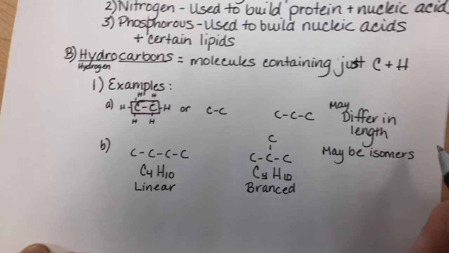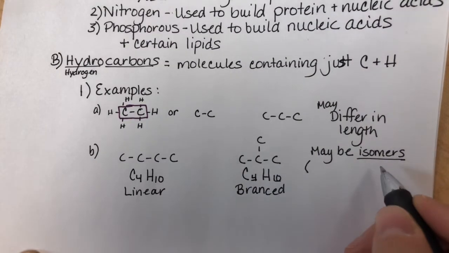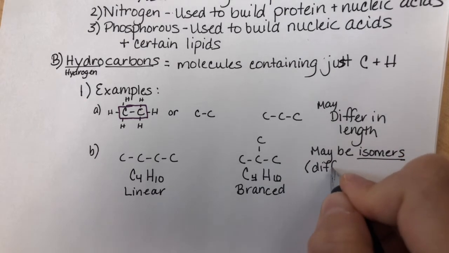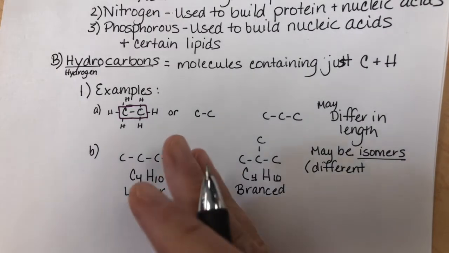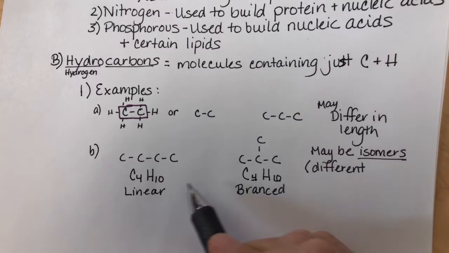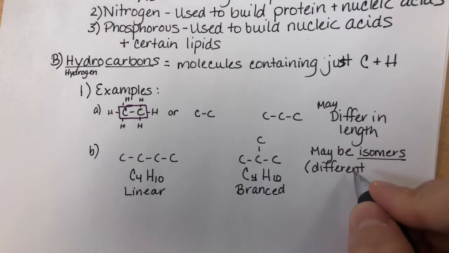You may have talked about that in chemistry, and I'm going to put in parentheses what that means. They're different molecules. If they have a different shape, most often they have a different function. Shape, that's a big theme in biology. Shape determines function. And so they're not going to be the same molecule.